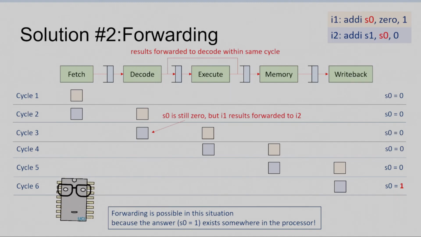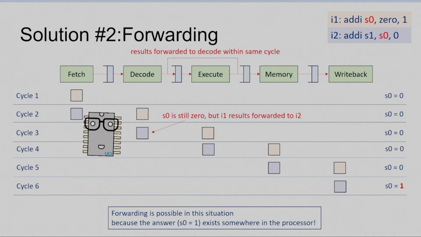In cycle 3, instruction 2 needs the correct value of S0, and the correct value of S0 exists somewhere inside this processor, because luckily at cycle 3, instruction 1 has just finished calculating the result for S0. So forwarding is possible without losing any performance.